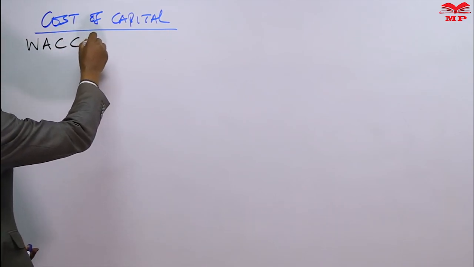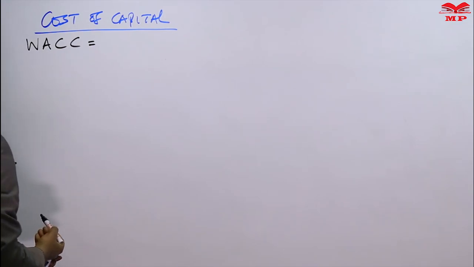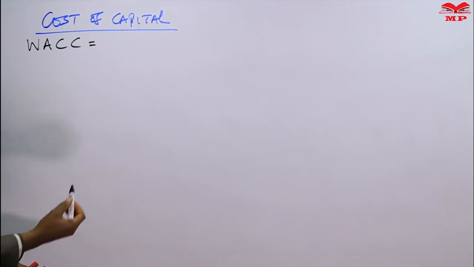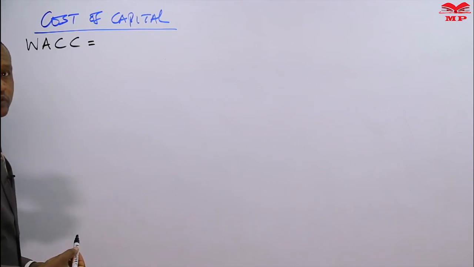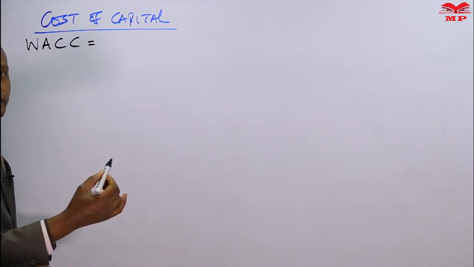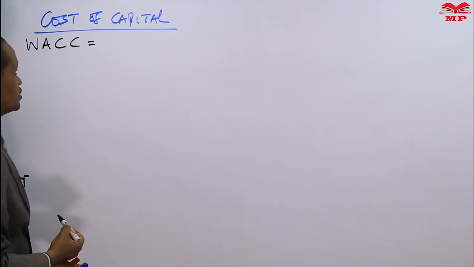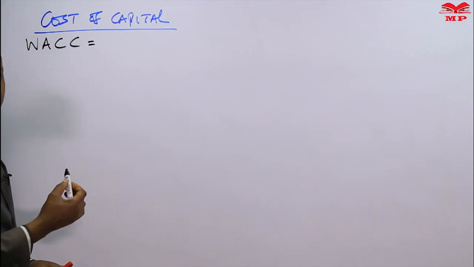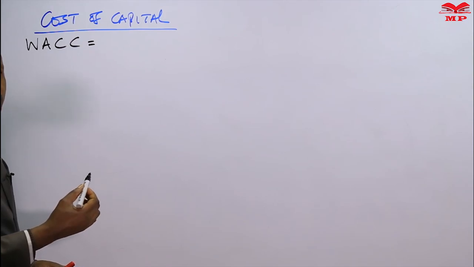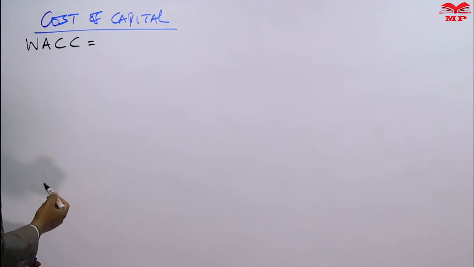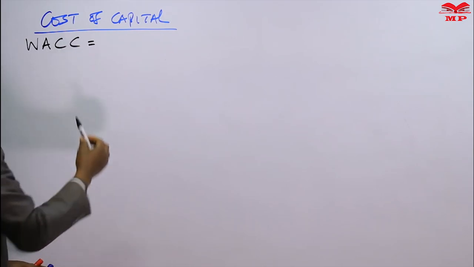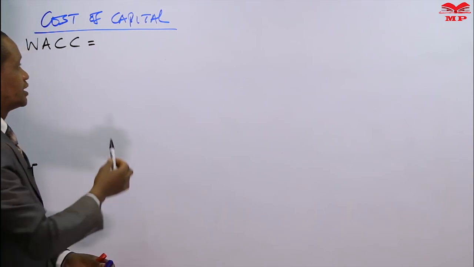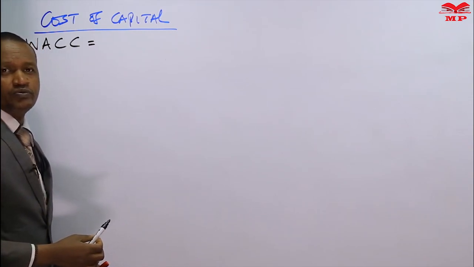We say that the weighted average cost of capital is an average of the various categories found in the capital structure. So for the different components of the cost of capital we determine the average, and we gave the procedure for calculating it.